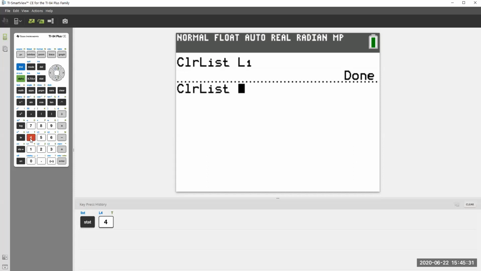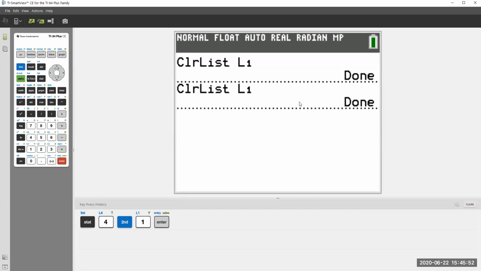So clear, and then I'm going to press second L1 to clear L1. We have L1 through, I think, L6. We want to just use one list, so we're going to clear L1. And then you're going to press enter again.